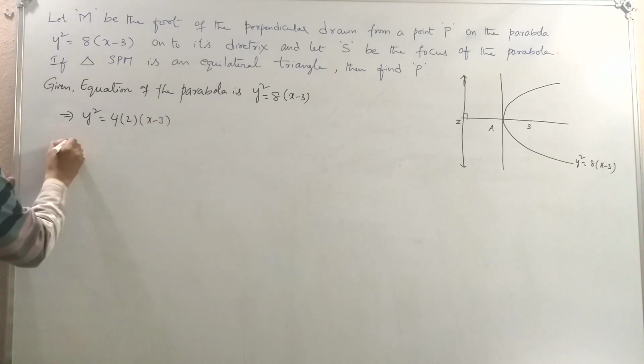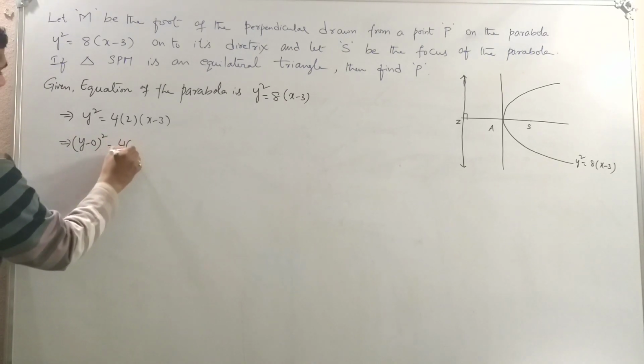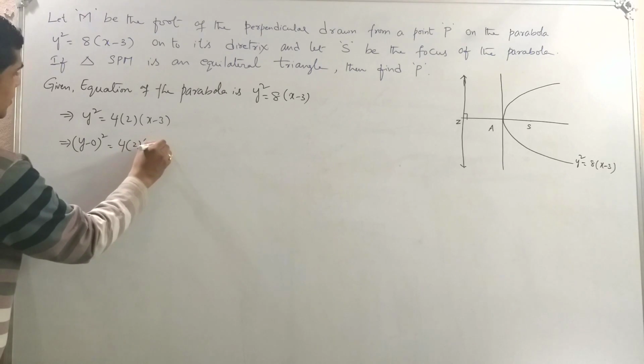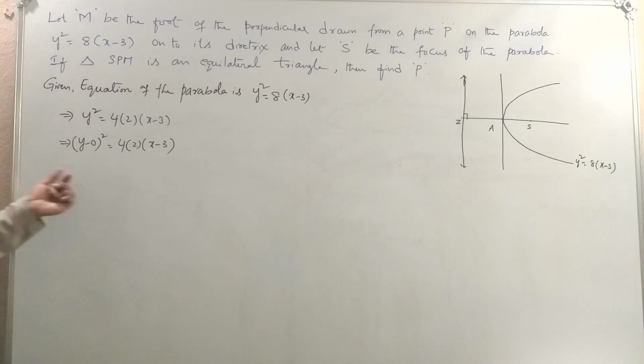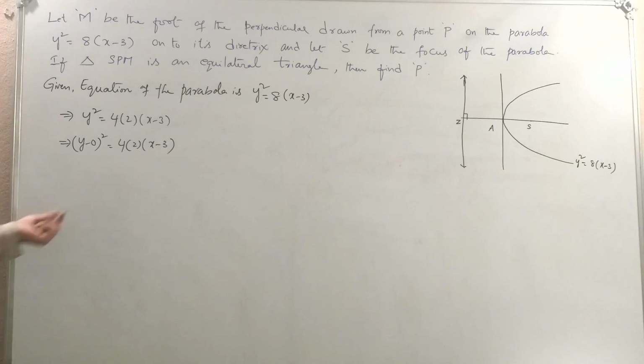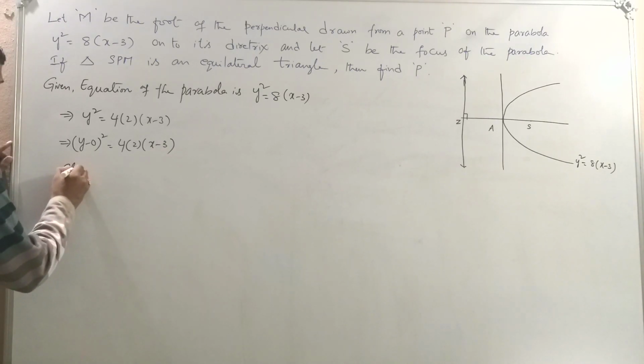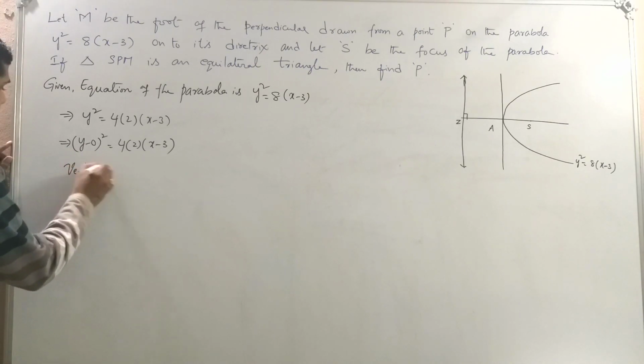From this, I am writing this as y minus 0 whole square is equal to 4 into 2 into x minus 3. Now it is in the form of y minus k whole square is equal to 4 into a into x minus h.